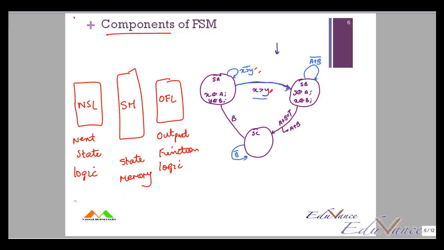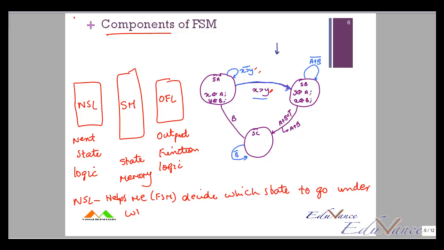My NSL helps me, which is the FSM, decide which state to go under what conditions. So the fact that I go from this state to here on x greater than y is decided by my NSL.